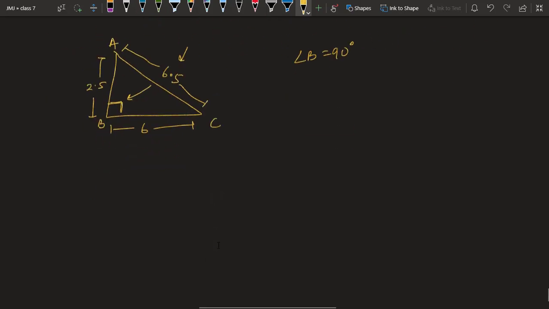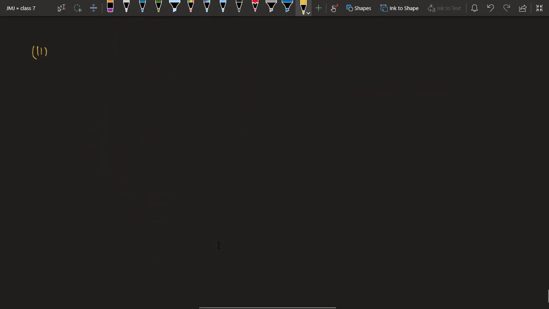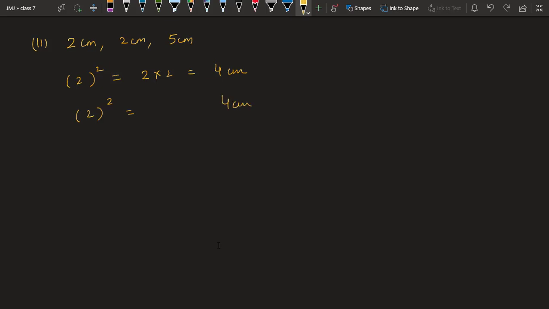Now let's take the second part. 2 centimeter and 5 centimeter. Let's see, first find 2 centimeter square. It will be equal to 2 into 2. Answer is 4 centimeter. Similarly, find the next also, we will get 4 only, and last we will get 25 centimeter.